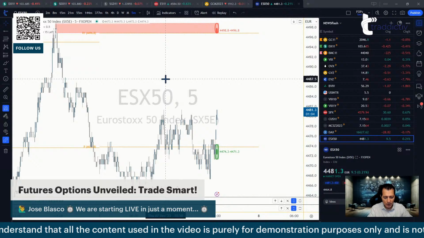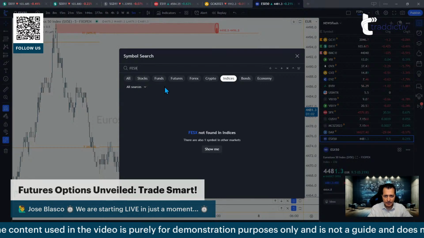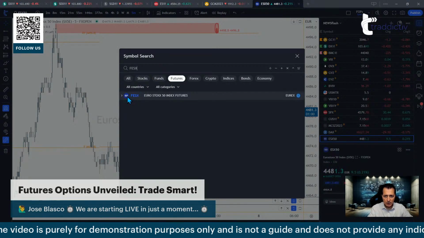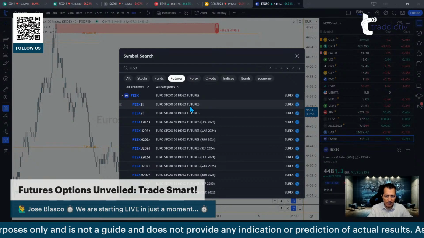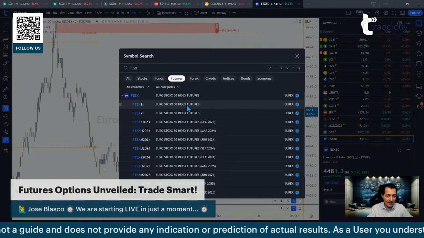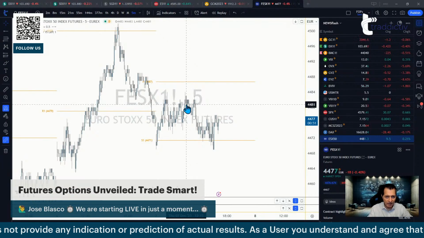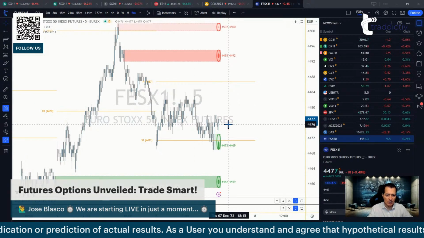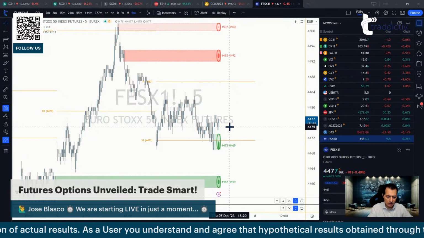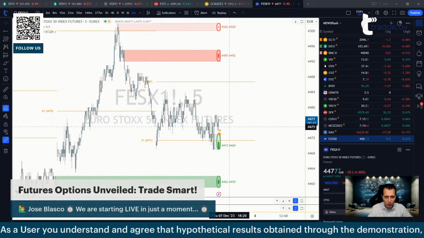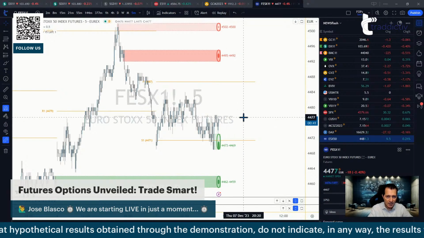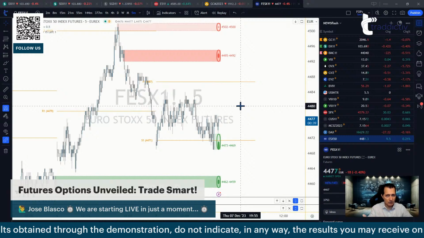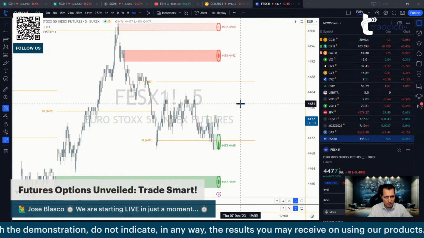So if I show FESX, okay, and I go for futures, so here are your Euro Stoxx 50 index futures. Just like the DAX futures or the S&P 500 futures, you can load a chart and you can trade this product intraday like any other product.